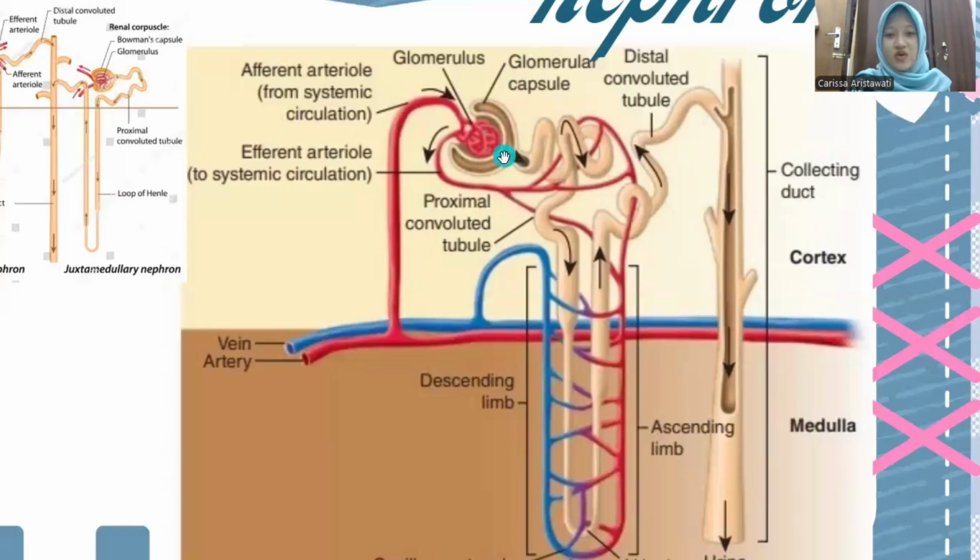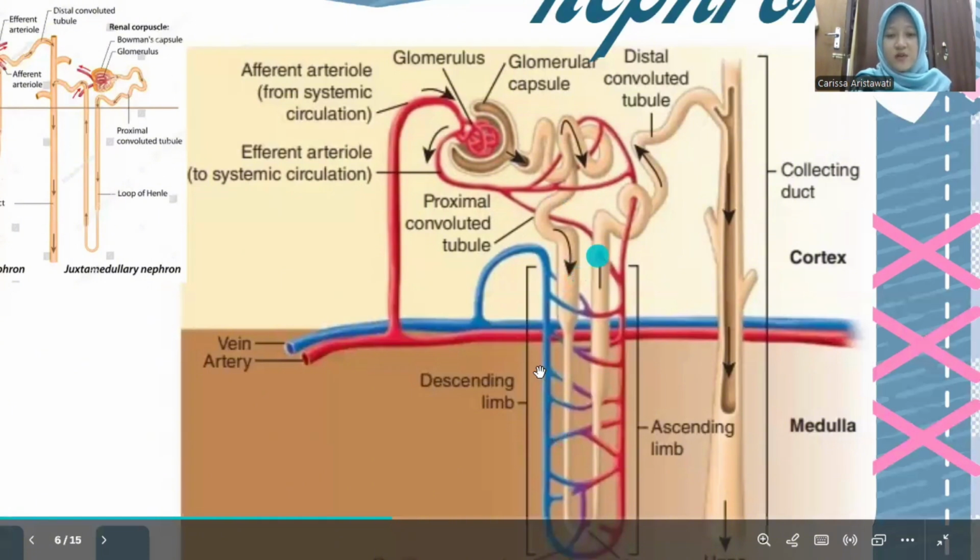Simultaneously, this primary urine will move into the proximal convoluted tubule. There, reabsorption occurs, which will form secondary urine. The secondary urine will travel down into this loop of Henle.